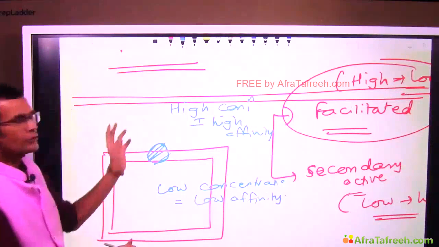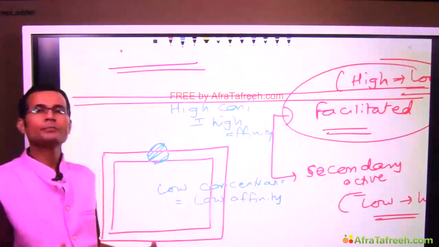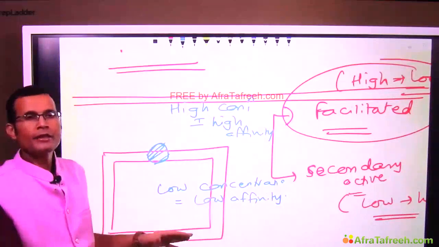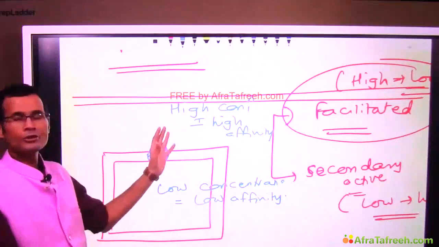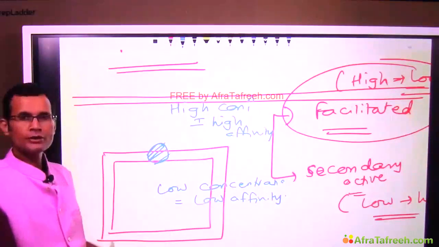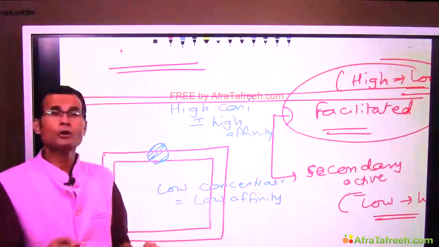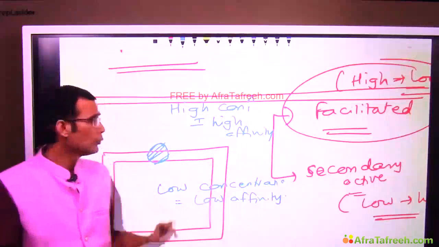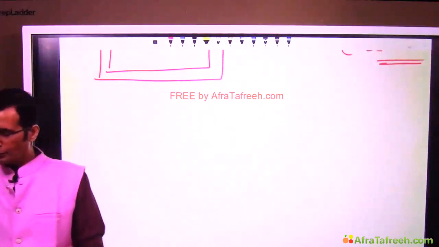That's the principle on which facilitated diffusion and its carrier is based. So wherever there is high concentration, the substance will bind, and wherever there is low concentration, it will be delivered. And therefore, net facilitated diffusion always occurs from high to low. It can go low to high, remember, but net occurs from high to low concentration.